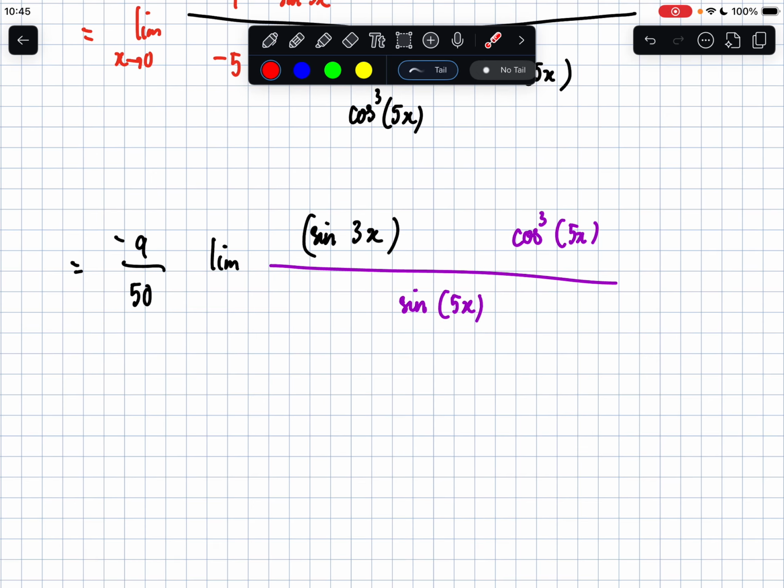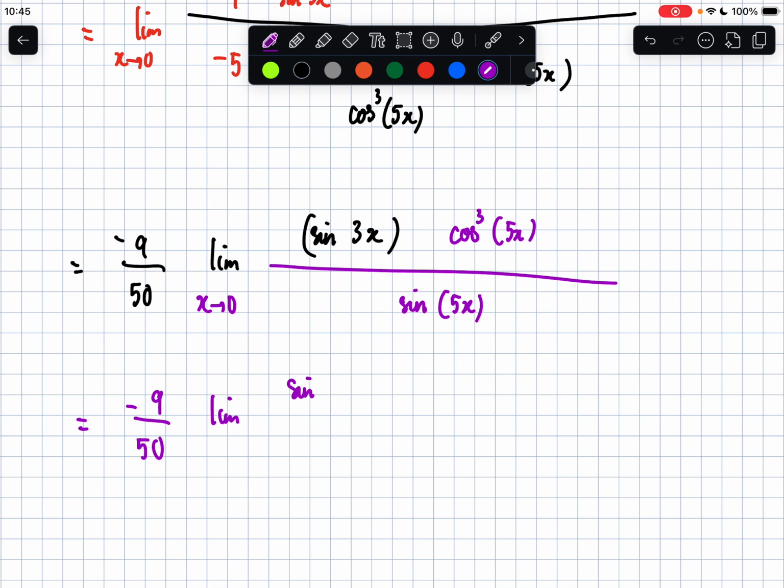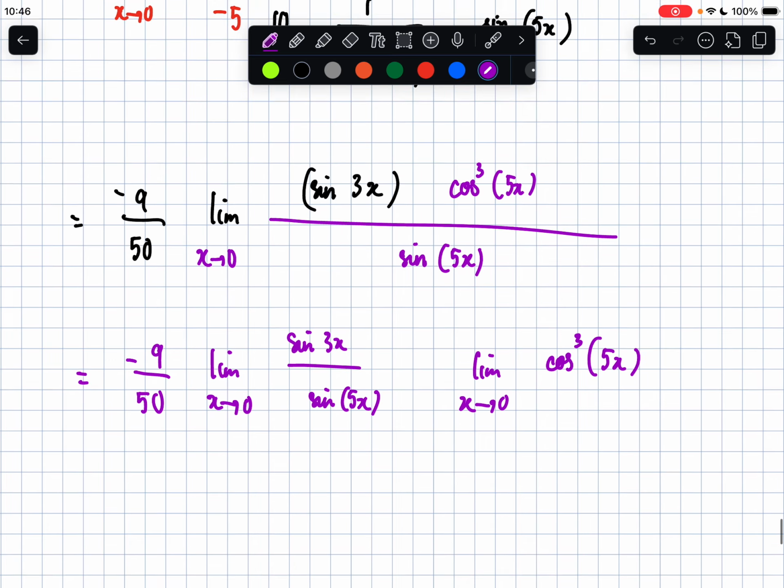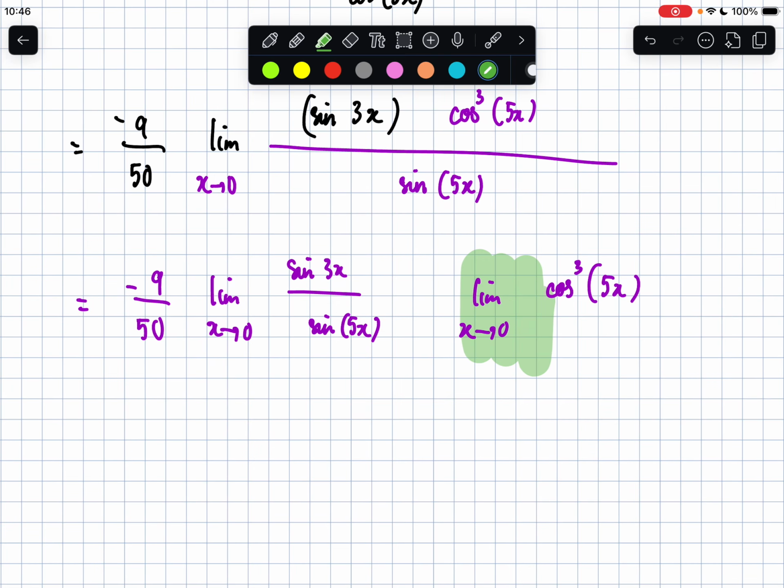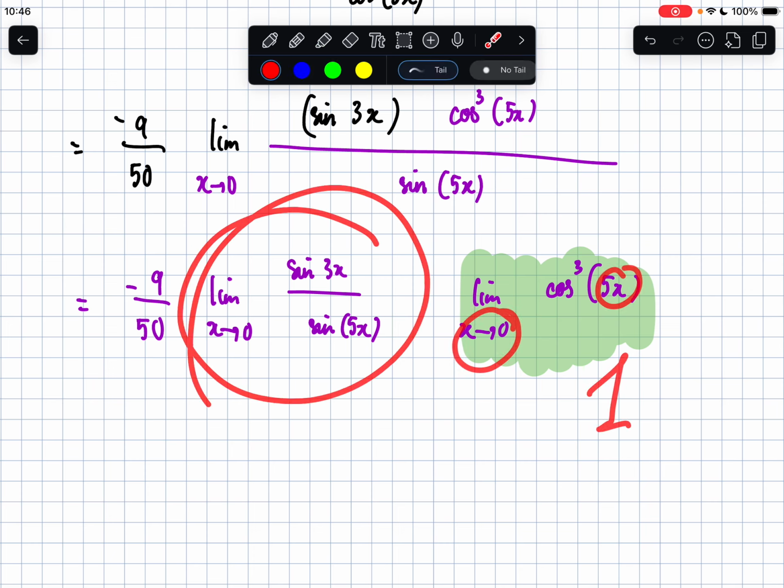Now you see that you can separate this limit x to 0 into two limits: minus 9 over 50 limit sine 3x over sine 5x, x to 0, times limit x to 0 cosine cube 5x. When you plug in x equal to 0, cosine of 0 gives 1. So it really depends on the other term.